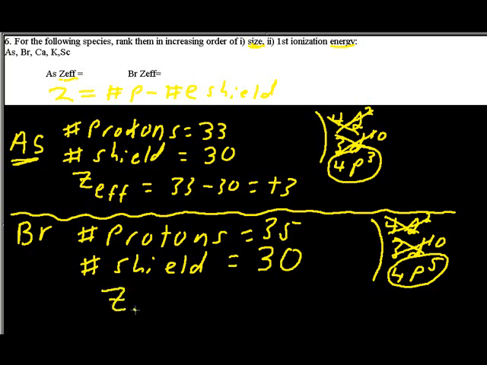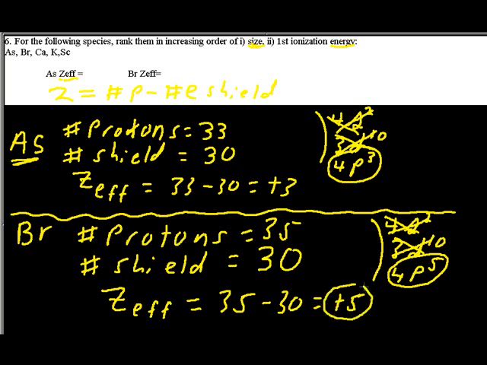So the ZF number is going to be equal to 35 minus 30. Holy cow. Look at that. Bromine has a ZF number of +5. Arsenic has a ZF number of a +3.